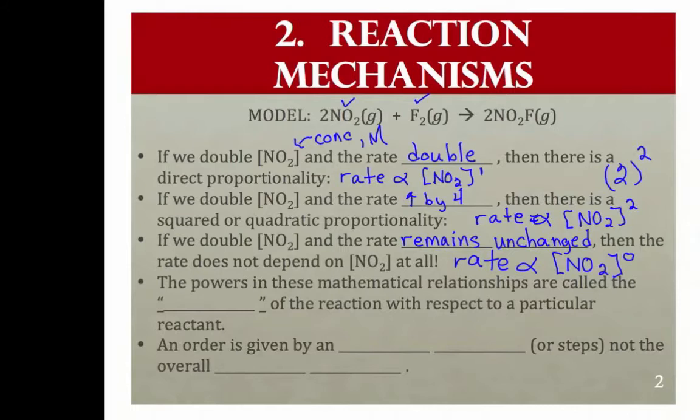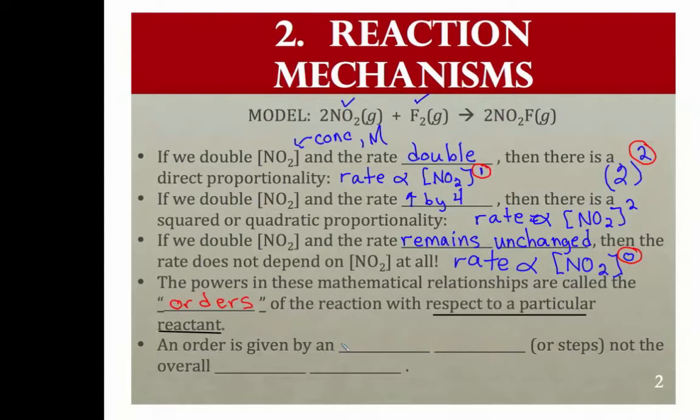And now, these values that I've been referencing here, this 2 in the power, this 1, this 0, how a rate is affected by a concentration, the word that we use is order. These are the orders of the reaction, and we're going to talk about them with respect to a particular reactant, and then we'll talk about overall order as well.